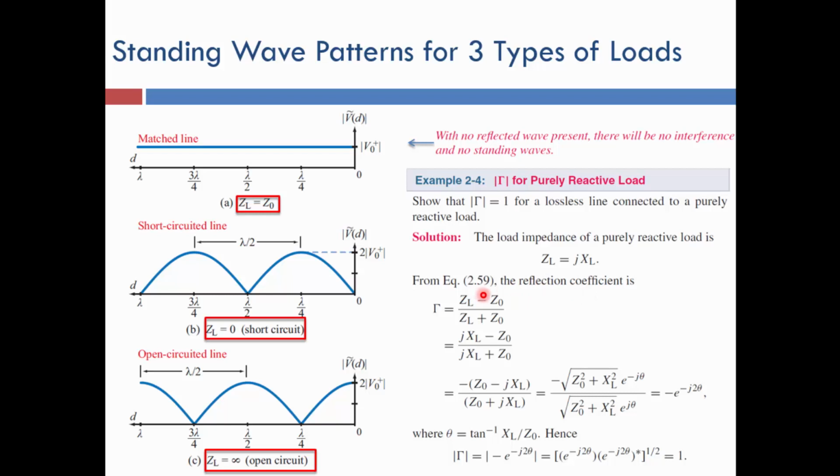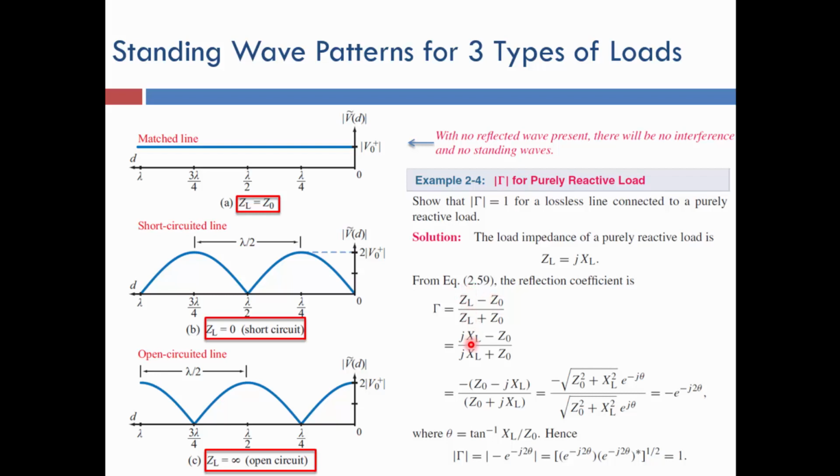Okay, so theoretically we could do that by calculating the reflection coefficient, using the formula which we know: Z load minus Z naught over Z load plus Z naught, the ratio between these two terms.